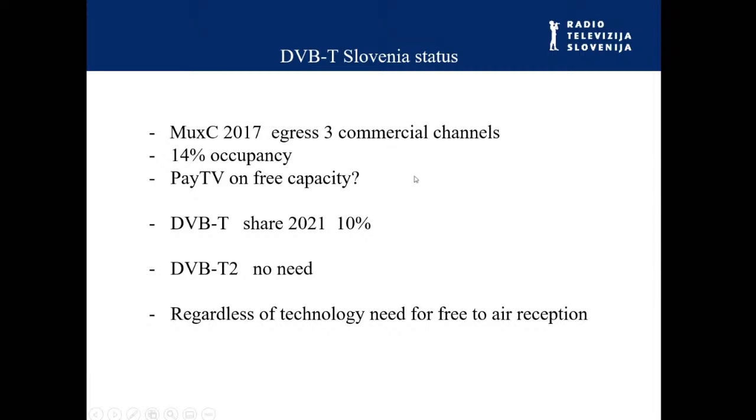At the moment, MUX C is only 14% occupied, and we cannot cover the costs caused by MUX C operation. There is no interest from other commercial stations to enter DVB-T, so we are forced to think about other use of the free capacity.